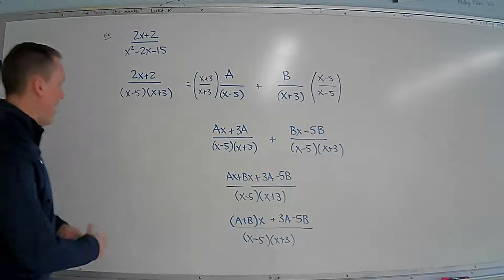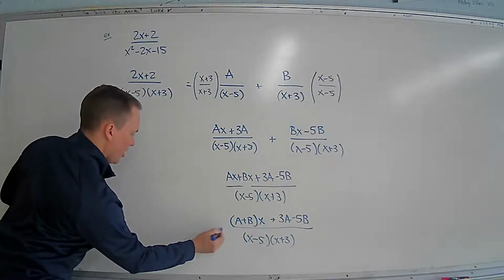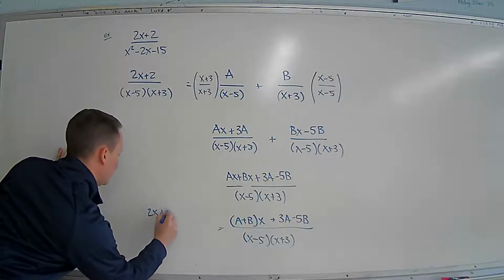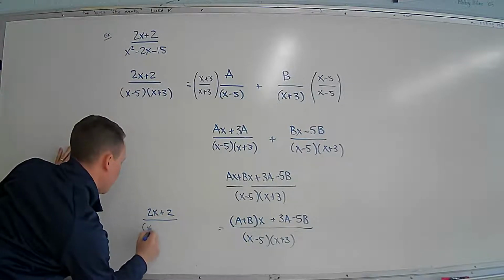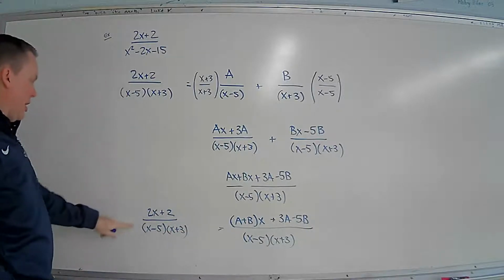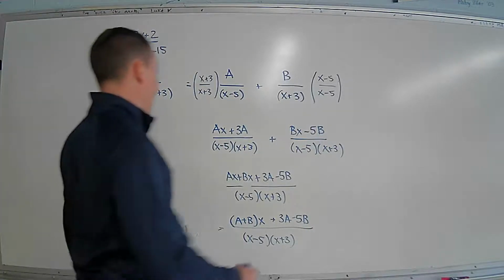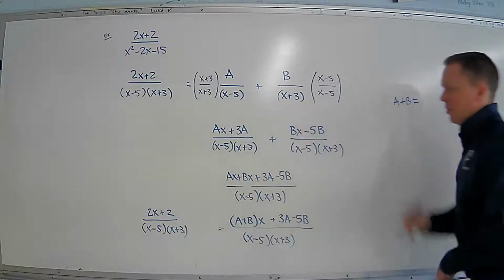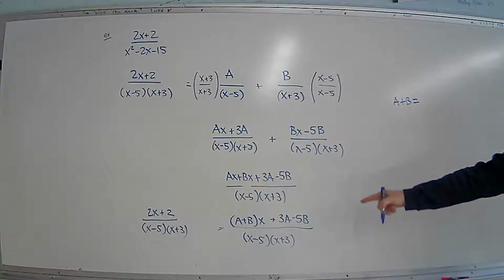Well, if this has to equal the original, which was 2x plus 2 over x minus 5 x plus 3, if that has to be true, then what's a plus b have to equal? Well, a plus b is the coefficient on x.